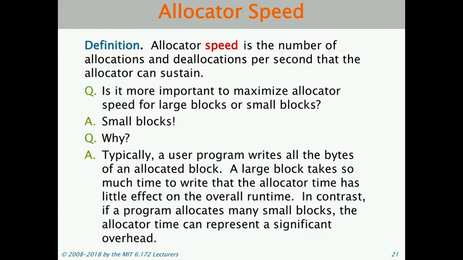Whereas if a program allocates many small blocks, the amount of useful work it's doing on the block can be comparable to the overhead for the allocation, and therefore all of the allocation overhead can add up to a significant amount. So essentially for large blocks, you can amortize away the overheads of storage allocation, whereas for small blocks it's harder to do that. Therefore, it's important to optimize for small blocks.